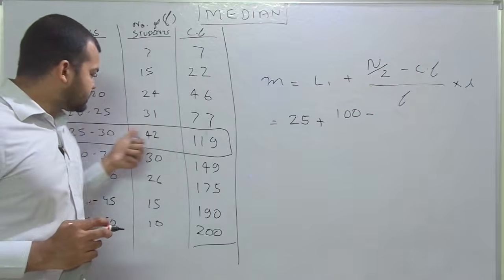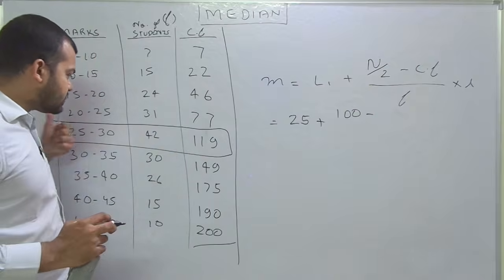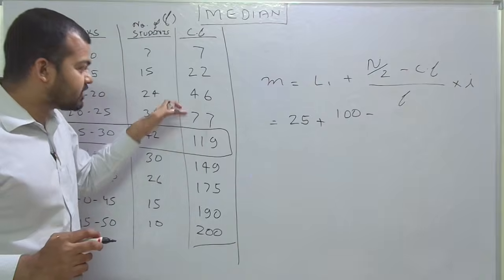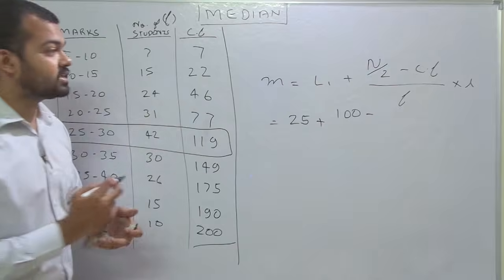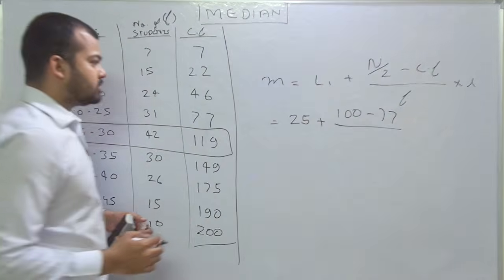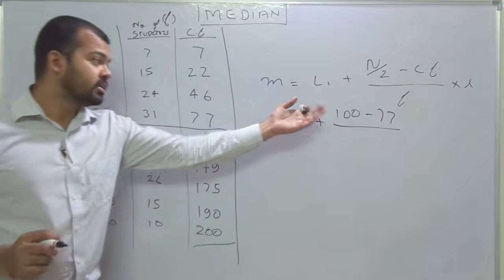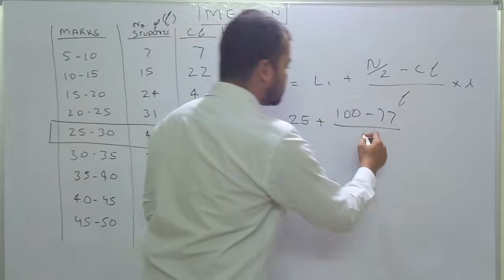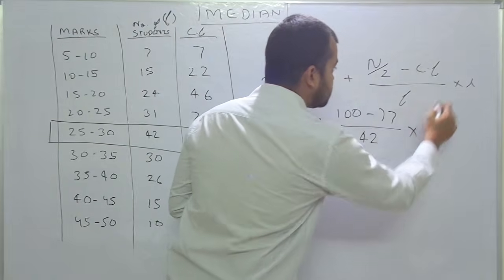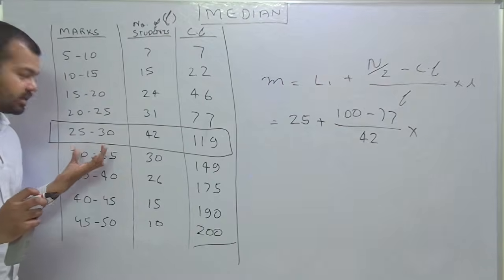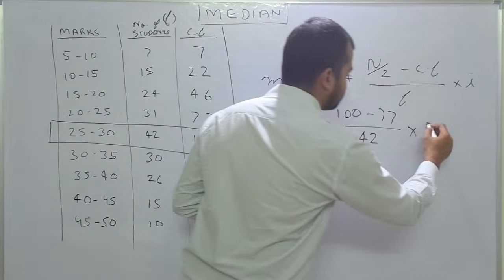This is our median class, so in this column we take the CF of the preceding class, that is 77. Now, upon F, you have to put the frequency. This 42 frequency will come in the place of F, into I. Here I means the class interval, the gap between the classes. Here the gap is 5.